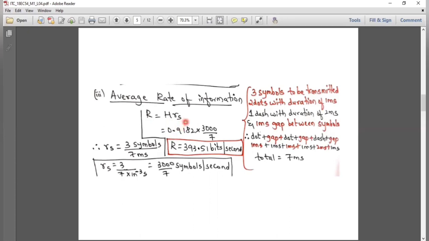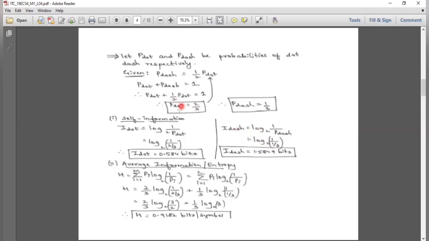We need to compute what is the symbol rate. So we know that probability of dot is 2 by 3 and probability of dash is 1 by 3. So we are transmitting 3 symbols. Among 3, 2 dots are transmitted and 1 dash is transmitted.